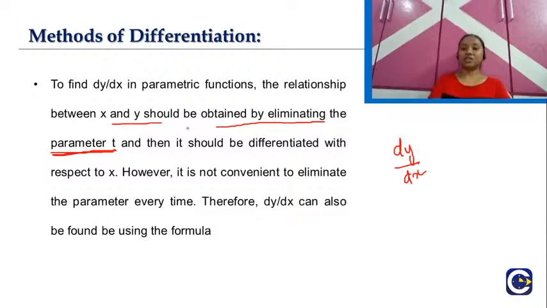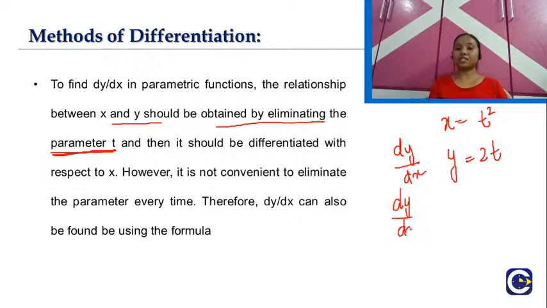Isn't it? So here we have our function x in terms of t, for example t square, and my y function, let it be 2t. Now we have to find our derivative, that is dy by dx. But here if you observe, we only want the variables x and y.